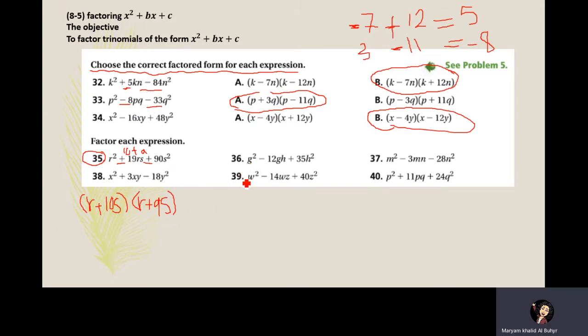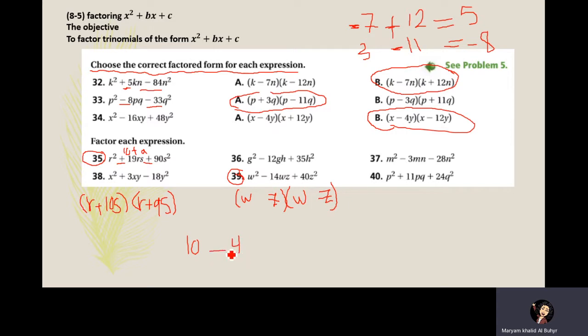Let me do one more related exercise with some different sign. Let me do this one. Here we have W and Z, and on the other hand we have W and also Z. What are the two numbers that I will add or subtract? Your mind directly will think about 10 and 4.